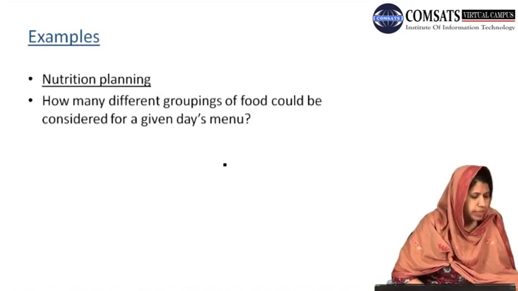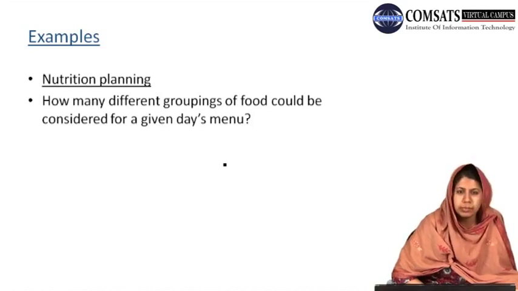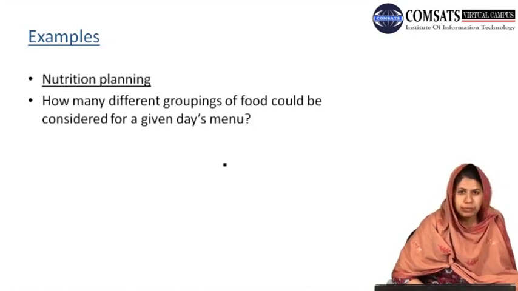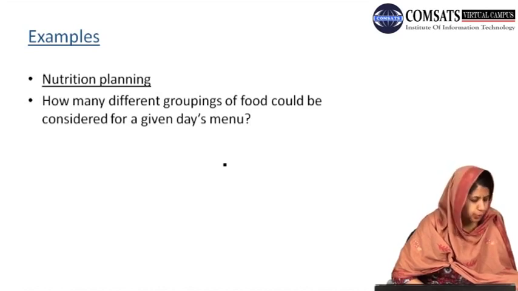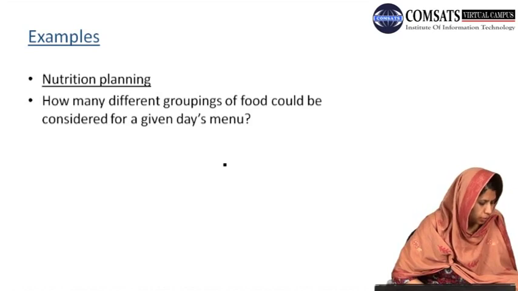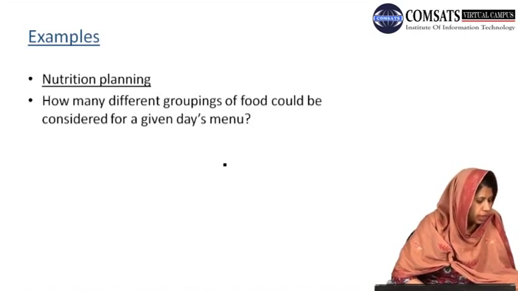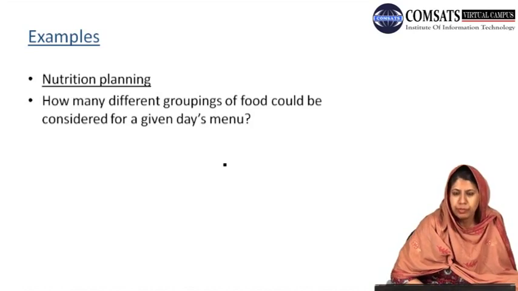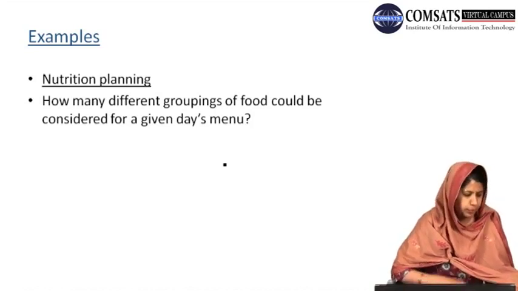Suppose that a chef has 6 items from the milk group, 5 items from the meat group, 7 items from the vegetable and fruit group, and 8 items from the bread and cereal group. Then if the chef is to provide no more than 1 serving of any item during the day, how many different groupings of food could be considered for a given day's menu?